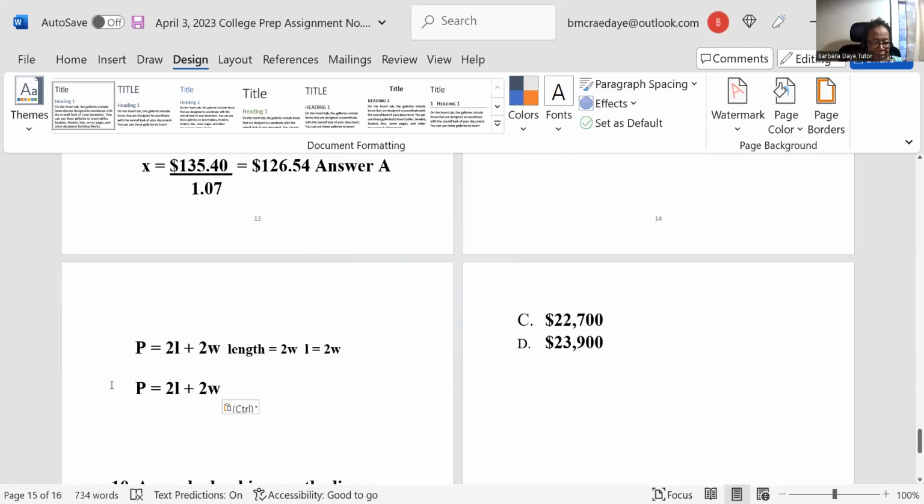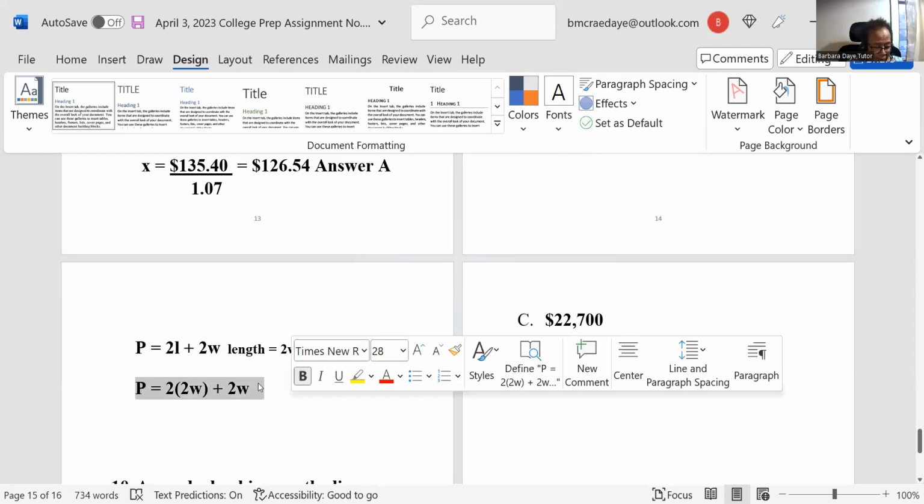Length is twice the width, so wherever you see length, remember we said substitution? You put in 2 widths. Now you've got perimeter is 2 times 2W plus 2W. Maureen, what is that equal to? 6W. Very good.